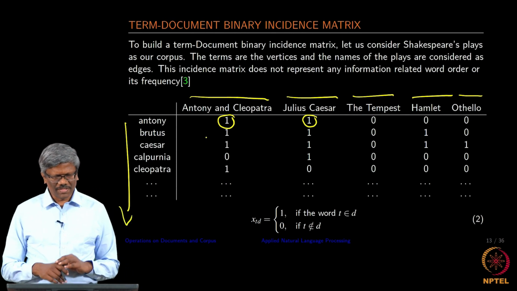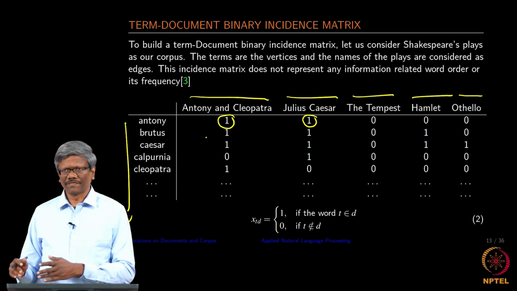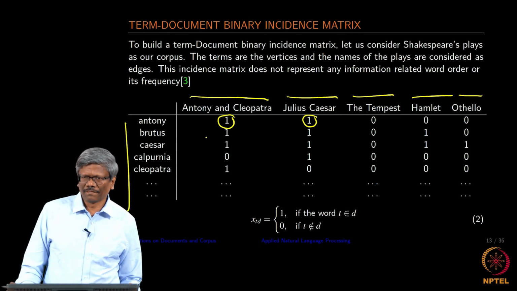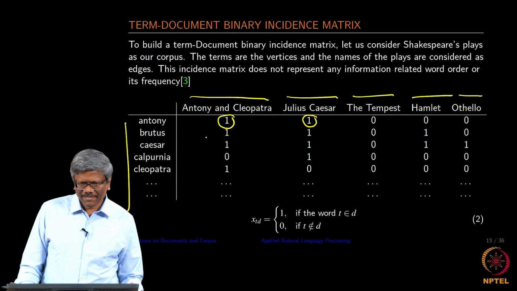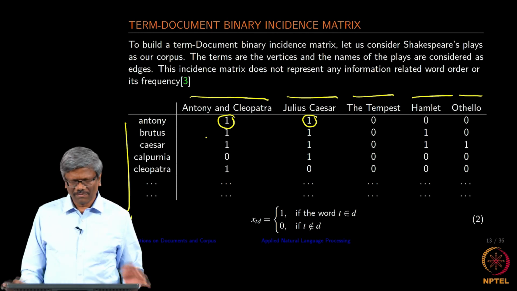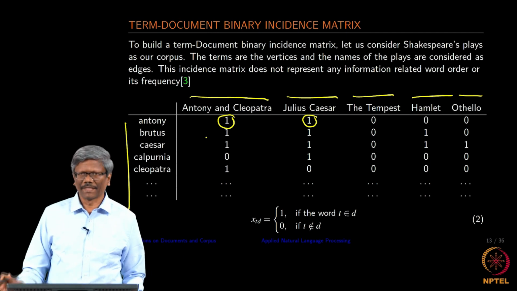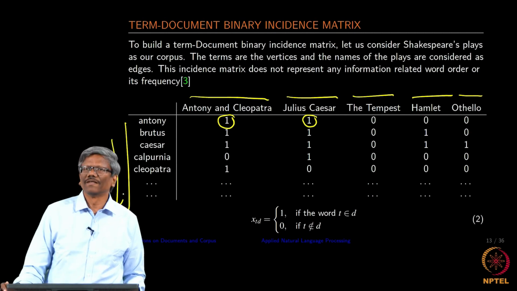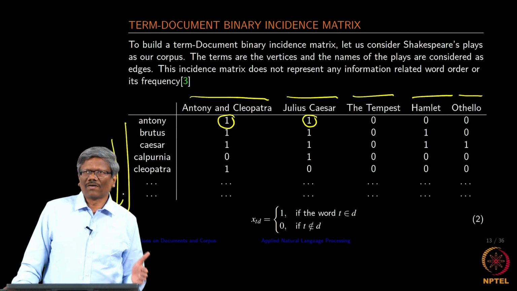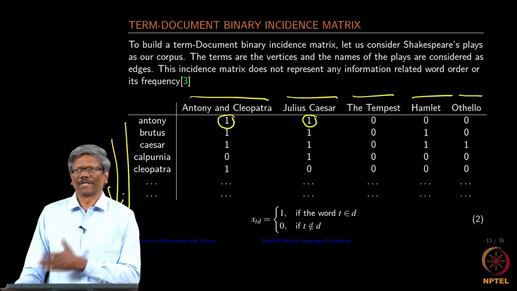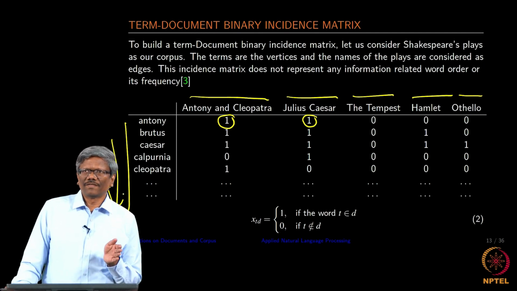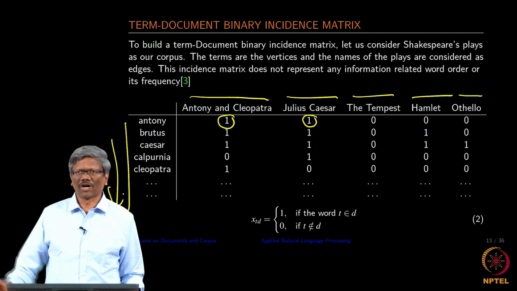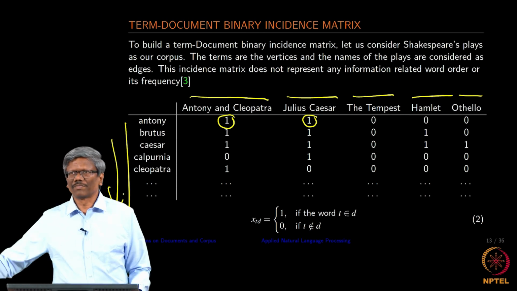In the same fashion, for every word we fill in the matrix with ones and zeros. So what do you see in this? You see lots of ones and lots of zeros. In a corpus of internet size, with about 1 trillion documents listed in one place and the vocabulary listed along this axis, not all words appear in every document. The words that appear in a document are represented by 1, and in those documents where a word does not appear, it is represented by 0.